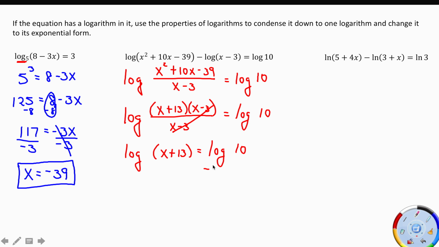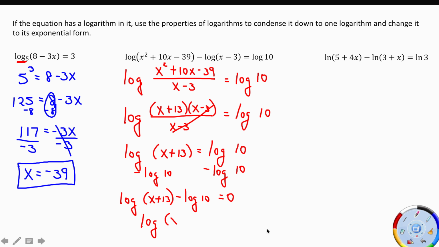So I could continue to put all my logs on one side, and then combine these using my properties.